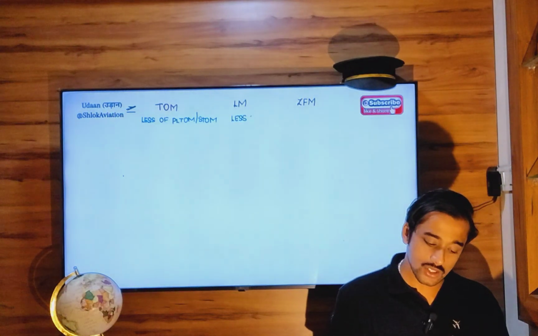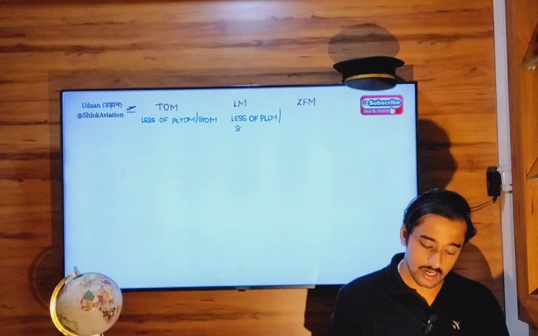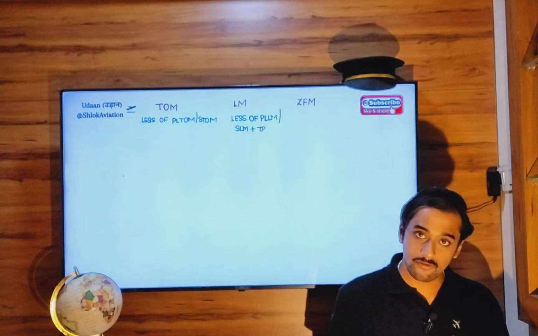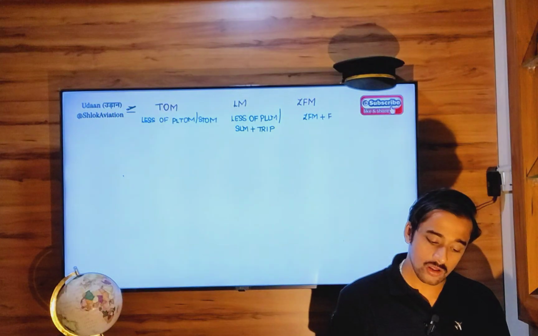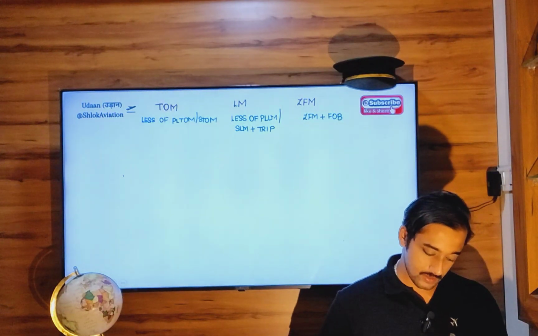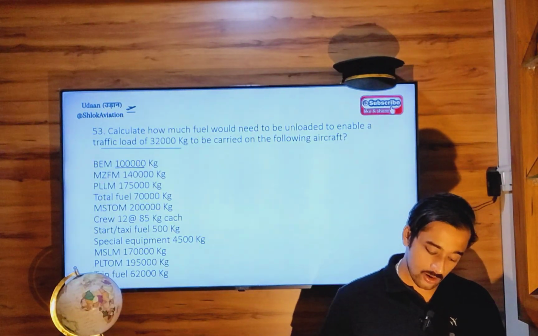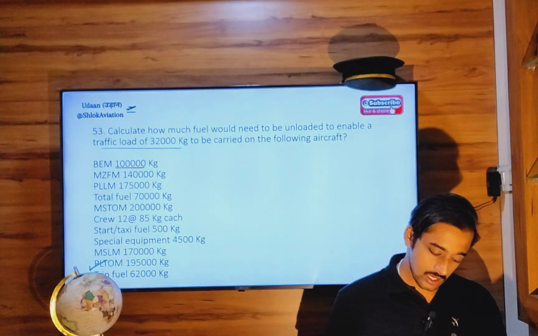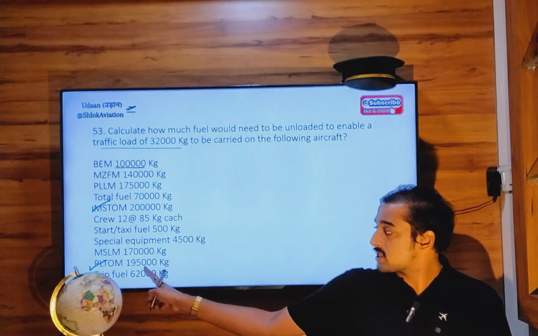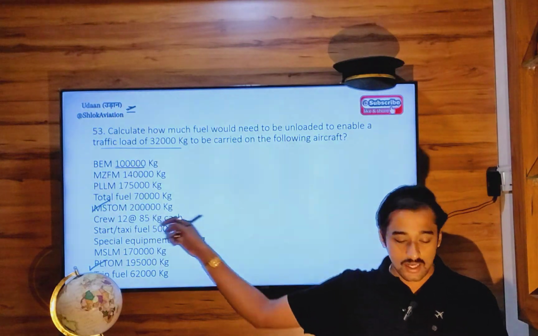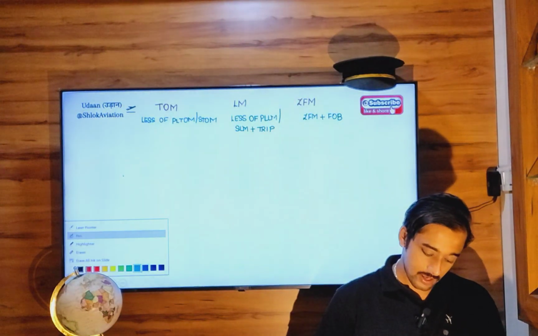Landing mass is the lesser of performance limited landing mass and structural landing mass, plus trip fuel. Zero fuel mass is zero fuel mass plus fuel on board. Now between performance limited takeoff mass and structural takeoff mass, performance limited takeoff mass is less than structural takeoff mass, so we will write 195 here.